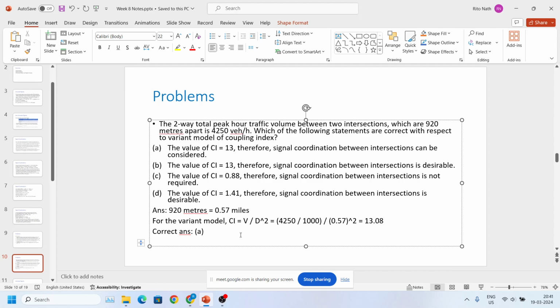I think in the assignment a similar problem is asked: as per the coupling index for two adjacent intersections located at 1,000 feet apart, that's given in feet, so you have to convert it into miles, and having a given two-way peak volume, is signal coordination desirable or not? Is it true or false? You have to find out. This is not the variant model, so I think the formula would be V by D in that case. So you can get it. That's not a problem.